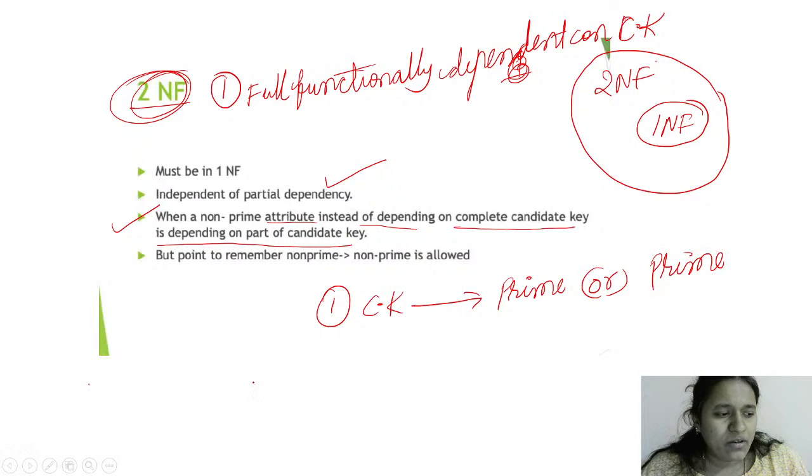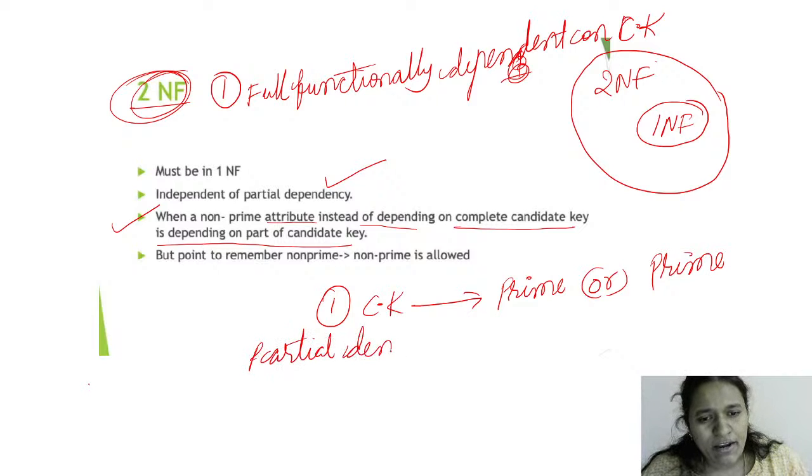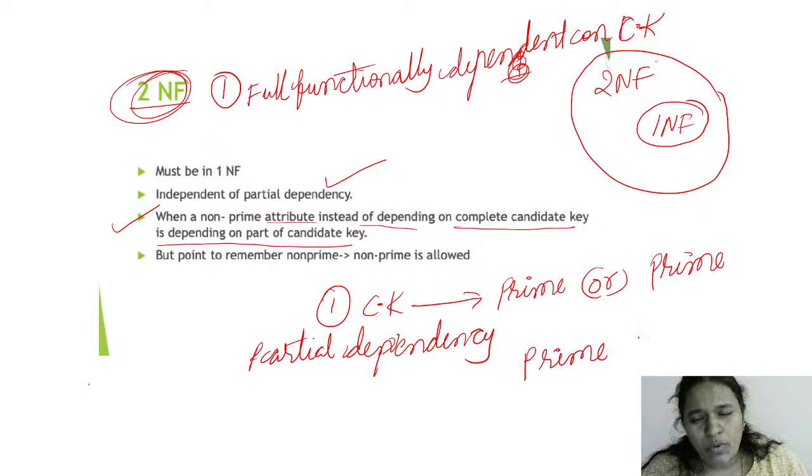Partial dependency is not allowed in second normal form. Partial dependency means prime to non-prime is not allowed.